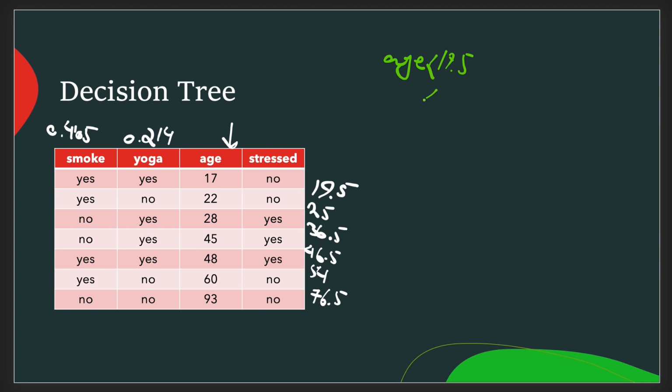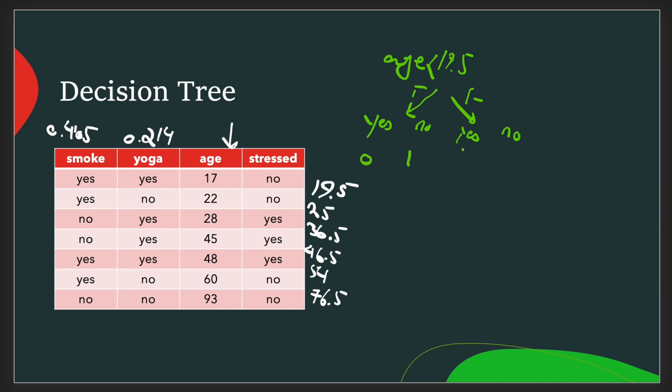This is the condition, and it's either true or false, so we go yes, we go no. If age is less than 19.5, only one person falls into this category, and they're not stressed. So this is 1, this is 0.